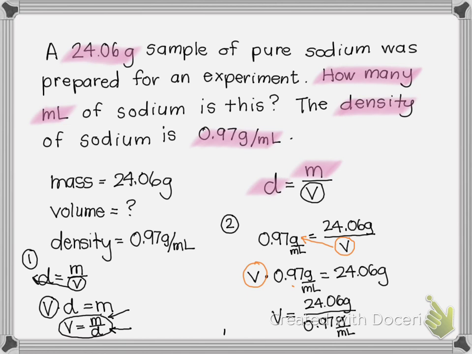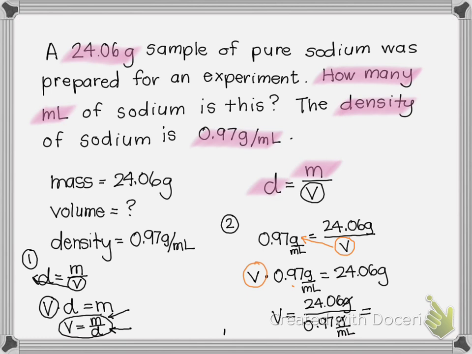So then my grams cancel, and I have units of milliliters, which makes sense because I'm solving for volume. So I'm going to, in my calculator, do 24.06 divided by 0.97.